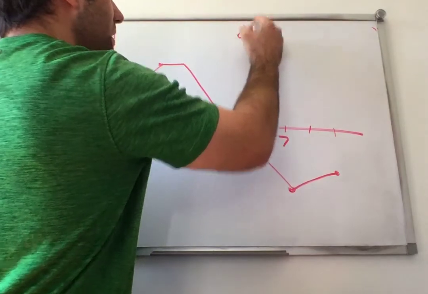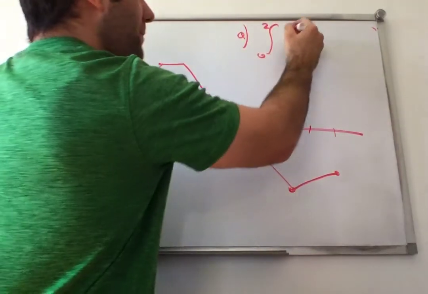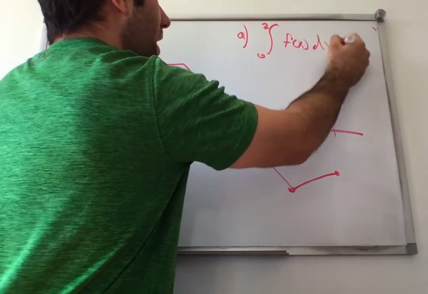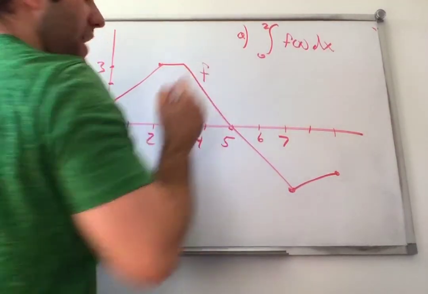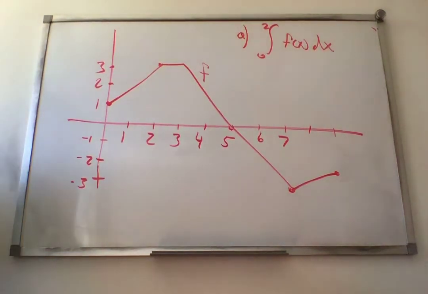Part A says the integral from 0 to 2 of f of x dx. This is our function f. It's probably a piecewise function, and we probably could write a piecewise function for this, but we're not going to do that. This is how you would go about getting the area graphically, if they just gave you the graph.